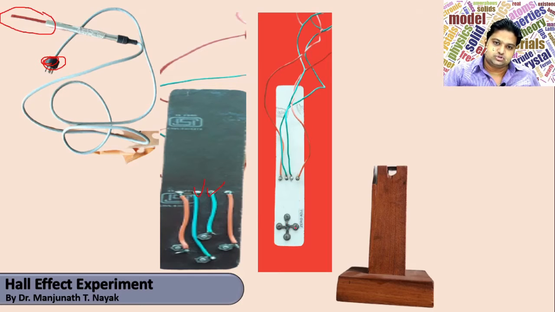All right, so the 2 probes from here and here are connected to the voltage, and from here and here it is connected to the current. So current will be perpendicular. This entire setup will then be perpendicular to the electromagnet. And there will be a voltage that will be generated. This is that wooden stand. On this you can place your gauge probe, but I would prefer you to use your hand only for this particular purpose.